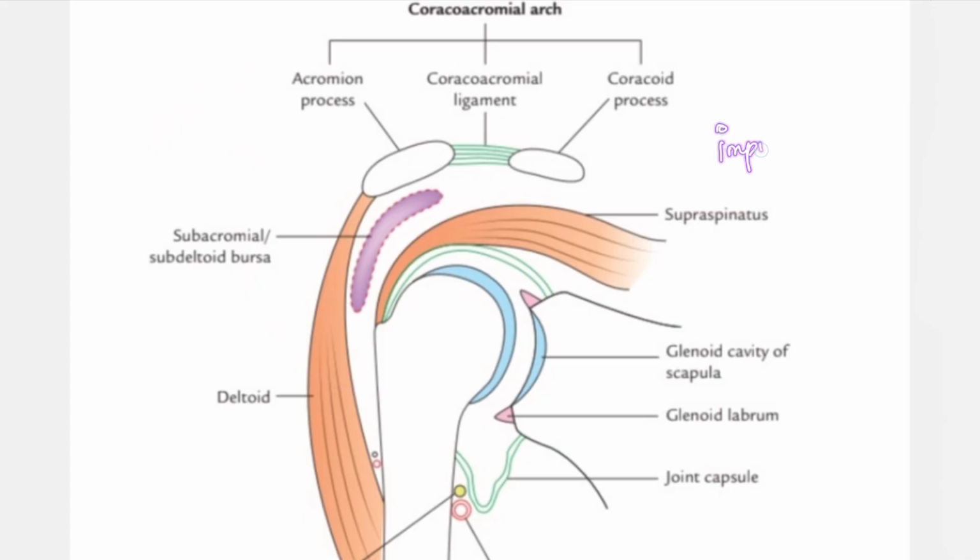So whenever the person raises or abducts the arm, he experiences a very severe pain that usually occurs in 60 to 120 degrees of abduction, and this is called painful arc syndrome. It is very, very important. It can also be asked as a reasoning question.